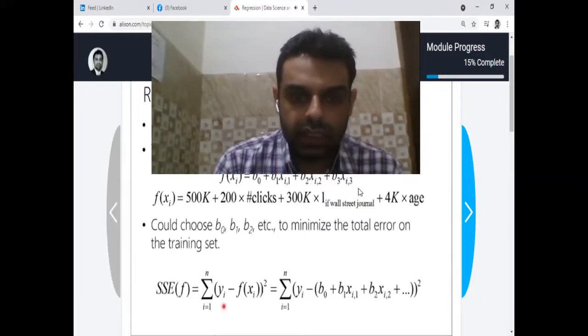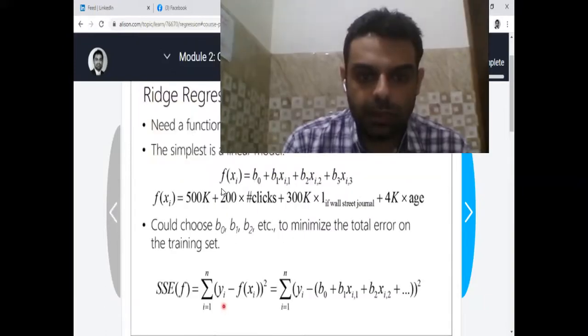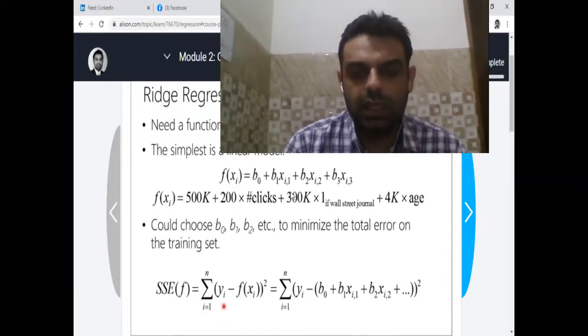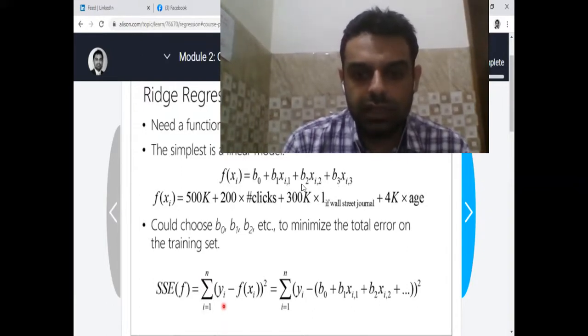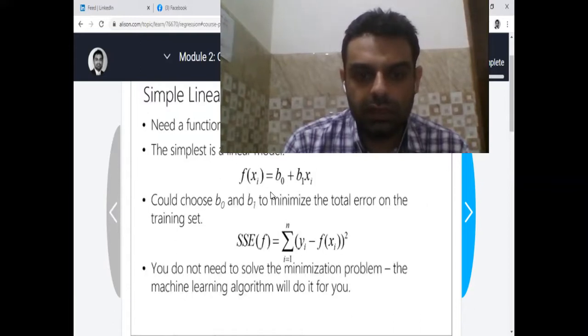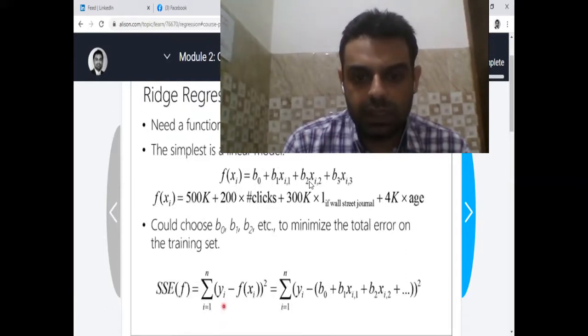Now we come to ridge regression. In ridge regression, the equation changes to b0 plus b1 xi1 plus so on. You need not worry about the equation. It's just that the x, the feature that was there in the simple regression, is now denoted by a vector. So it is being spread out.